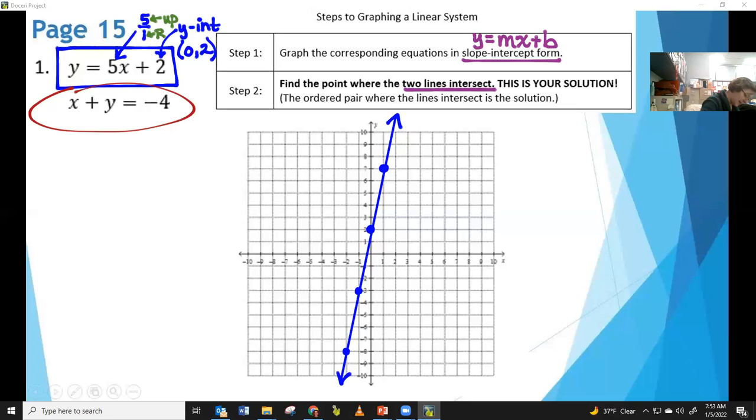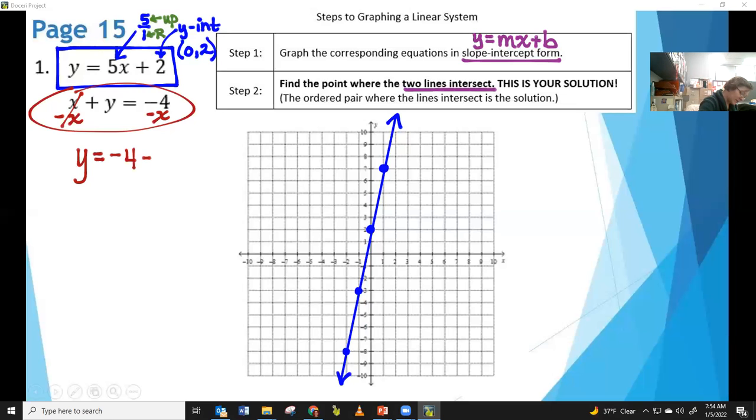Minus x. I like that. So minus x, minus x. I'm going to have y equals, what comes after the equal sign? What does this need to look like? I could write it like that.